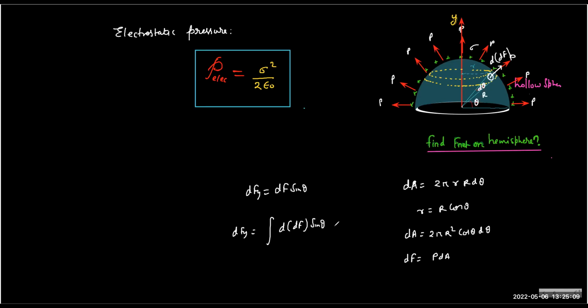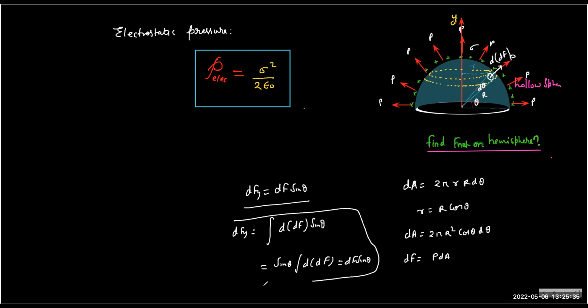For every element, theta is constant, so theta will be the same. I can take sine theta outside, and this d of dF gives dF, so I can write this equation directly. Technically the y component will be dF sine theta. If you don't understand this part, you can leave this. That's okay. Sir, I understood.